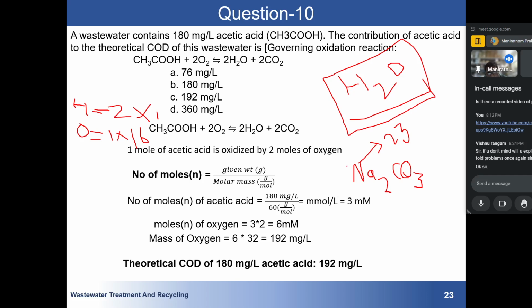Just find the molar mass of this Na2CO3. Hello, are you there, Vishnu?